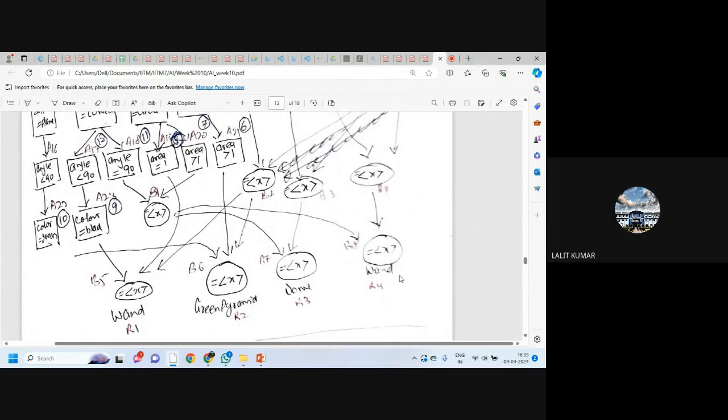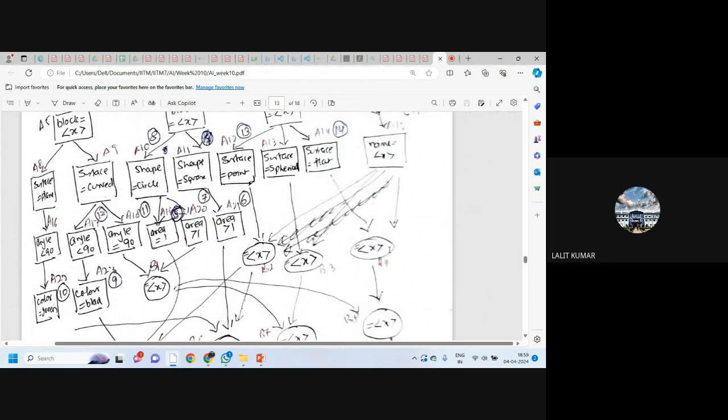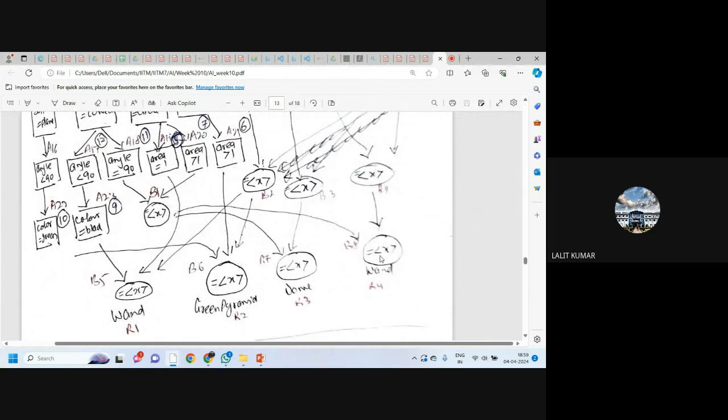Now we see R4. In R4, again it is coming from 7 and the same 11, and it will take the same name again from here. But for this it's taking B4, and there are two arrows, right?